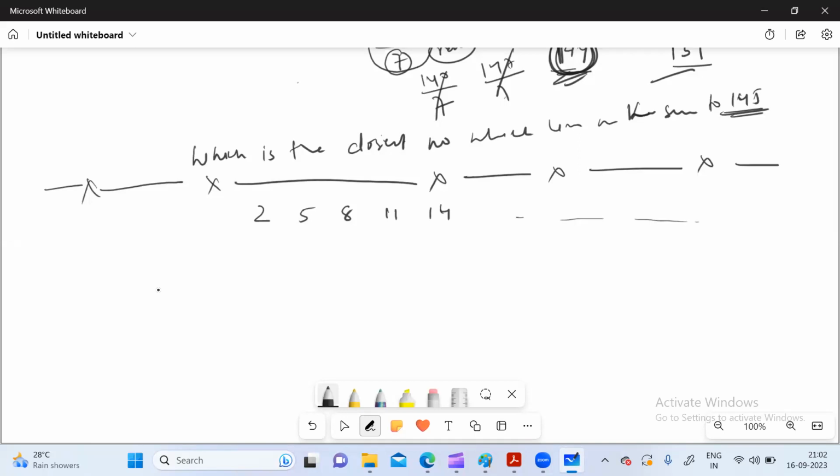But when we are trying to find the sum, we must define for what number of terms we are finding the sum. So if I ask you, find the sum for the first three terms.